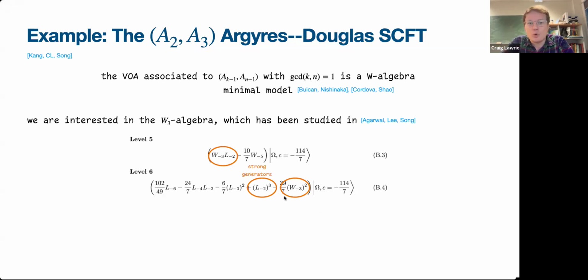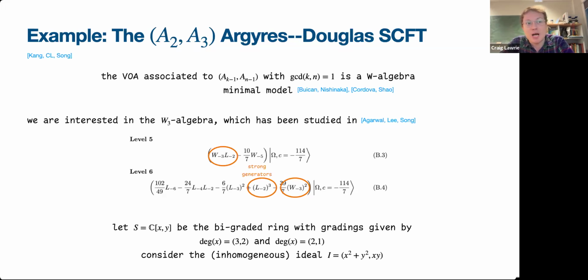Okay, so we want to look at these equations and translate them into something algebraic, which is pretty obvious how to do. We take a bigraded ring in two variables, x and y, with degrees 3, 2 and 2, 1, and then we consider the ideal x squared plus y cubed and xy.